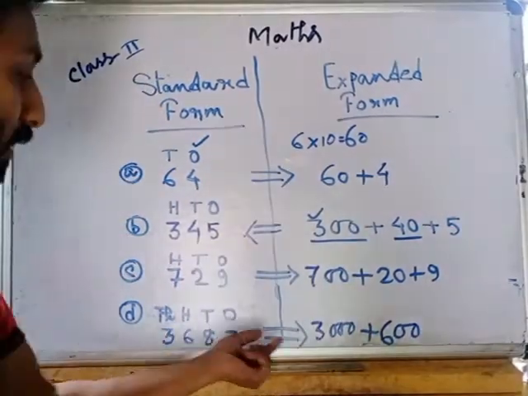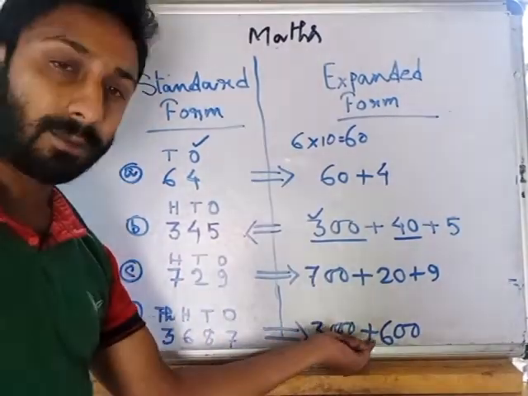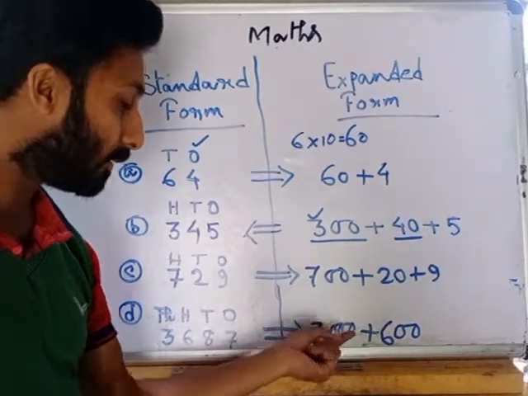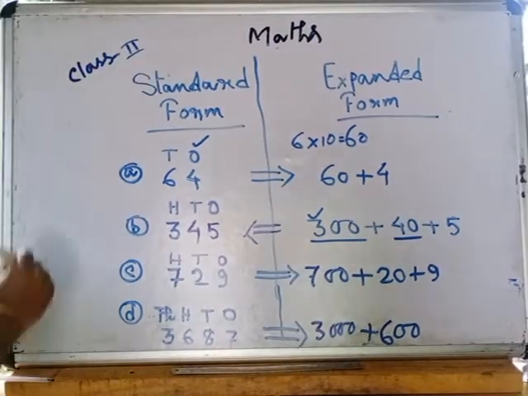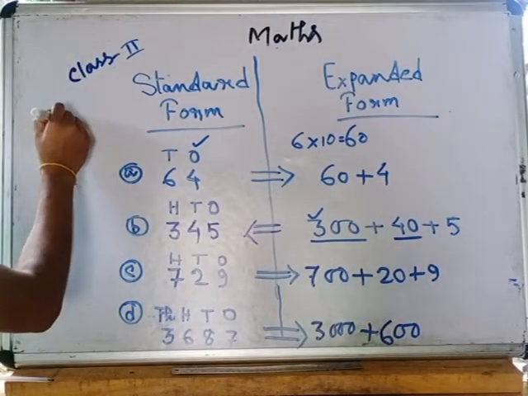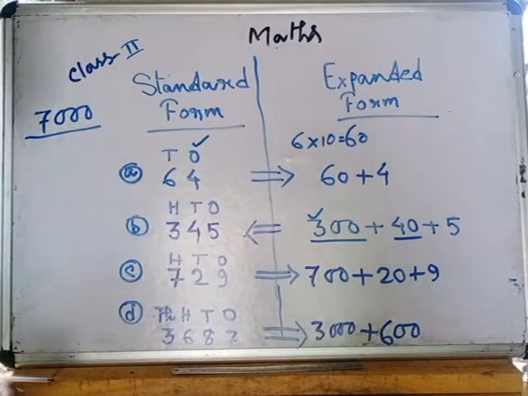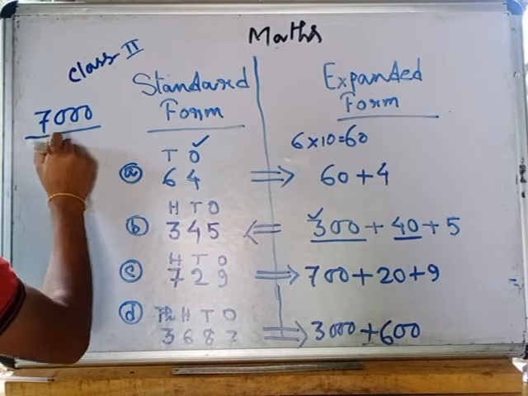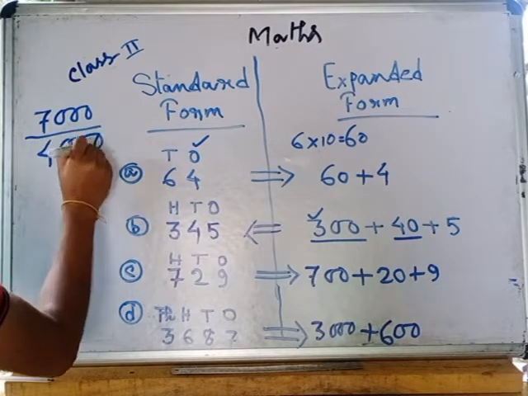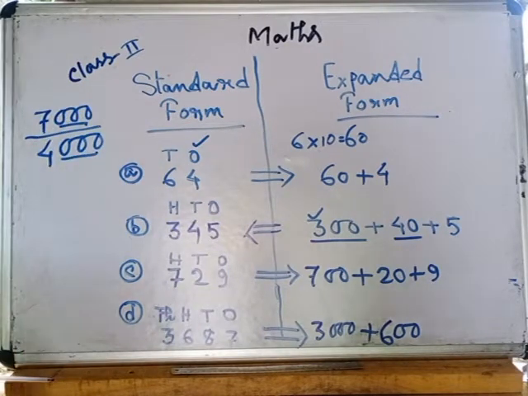If it is 1000, then we should write three zeros. If it is 7000, that is 7000. If it is 4000, that is 4000.